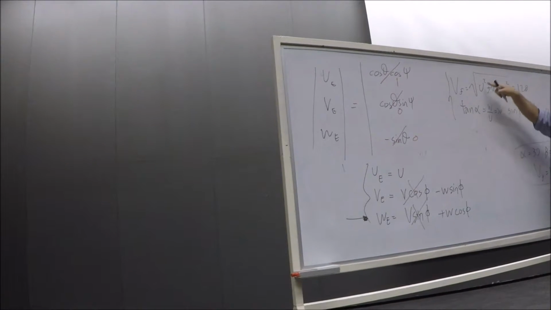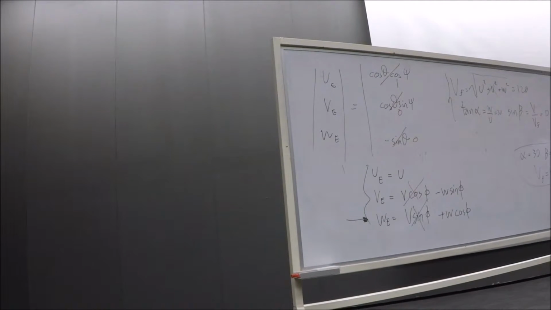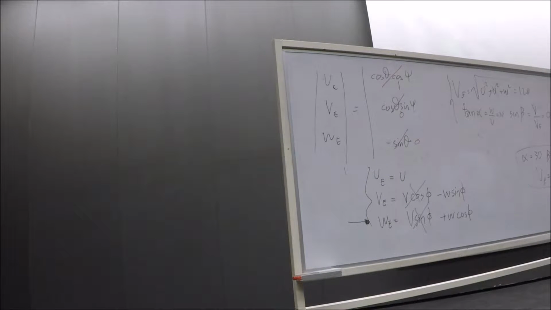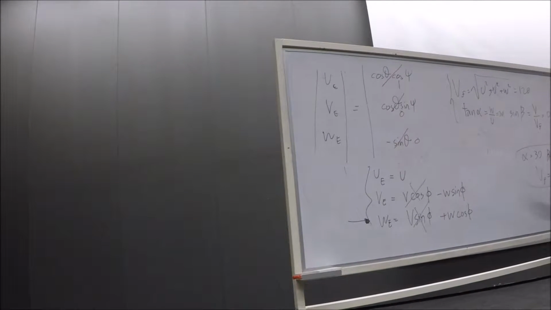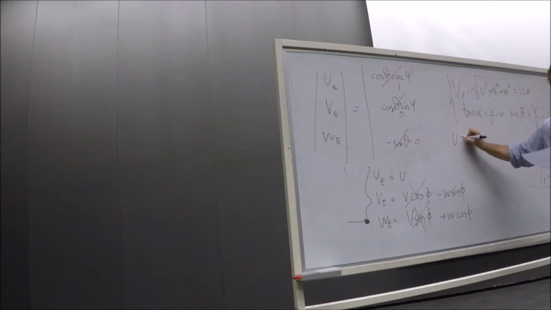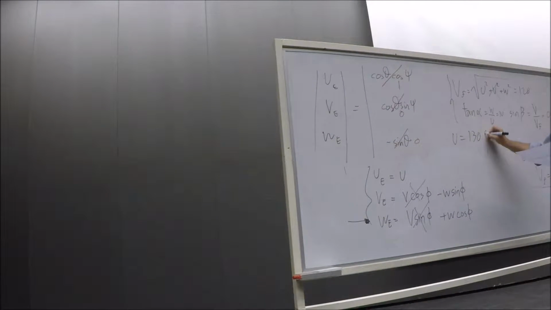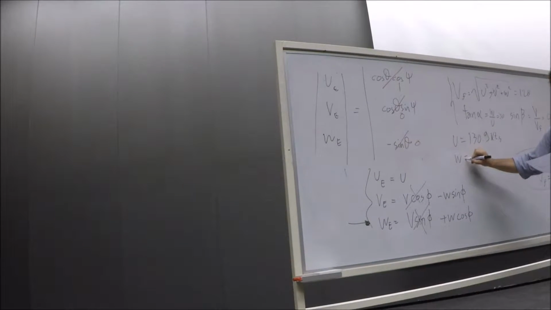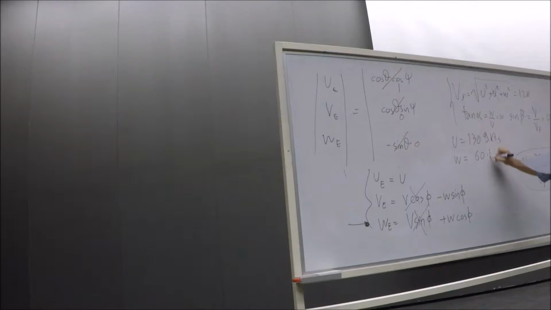So I solve one, substitute into the other, and we find that U is equal to 130.9 knots, and W is equal to 60 knots.